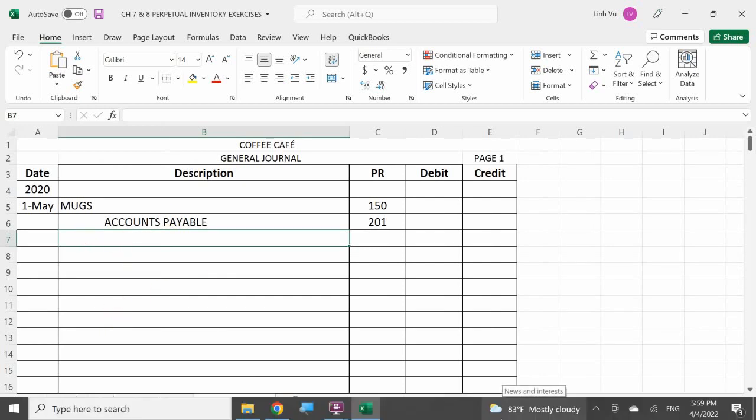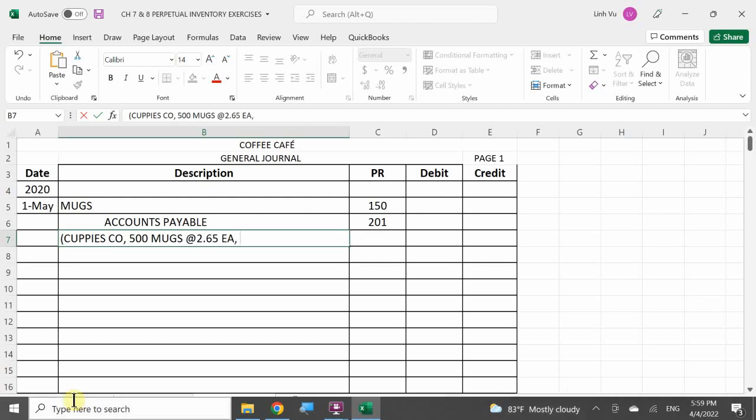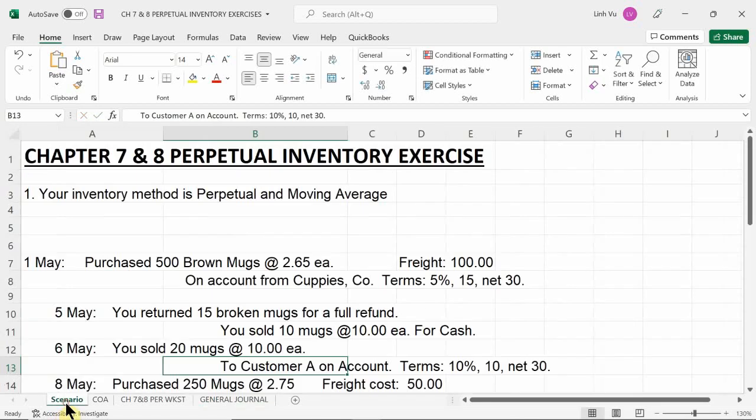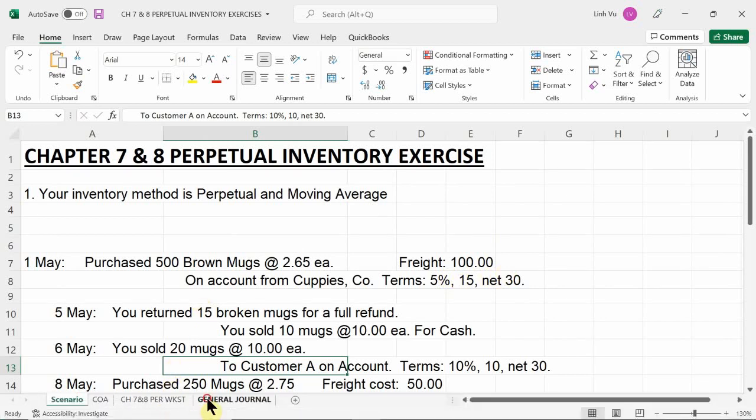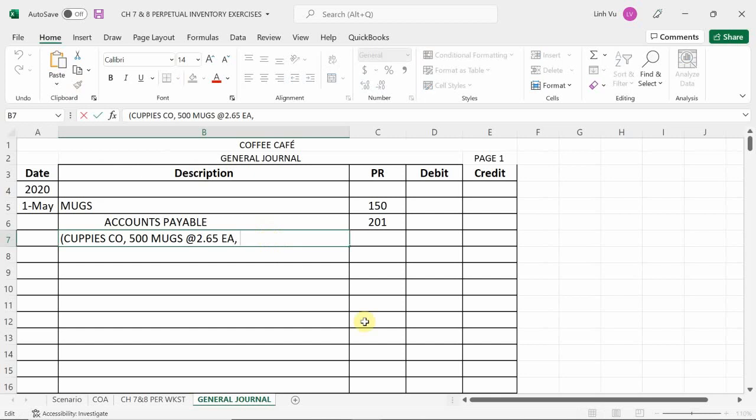So we have Cuppy's Co., right? That's the place that we purchased these from. We purchased 500 mugs, and they cost $2.65 each with a freight of $100, and we were also given terms of 5% 15 net 30, okay?